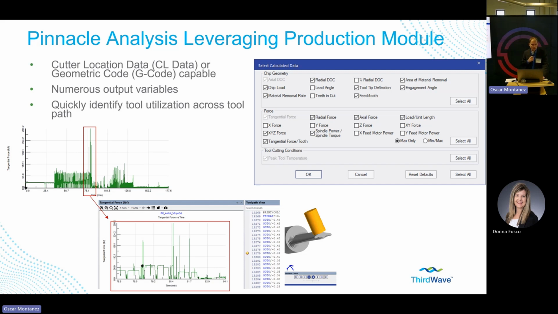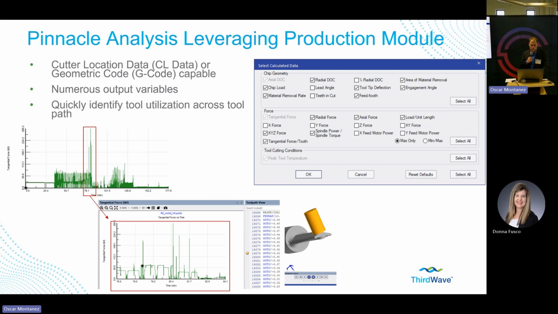So no matter what machine, no matter what software you're using, you can post the G-code out and bring it into our software. It just requires an additional setup for the machine kinematics. And you'll have to make your own tool list and bring the part in the current process state that you want. But I wanted to show a little bit of the analysis.